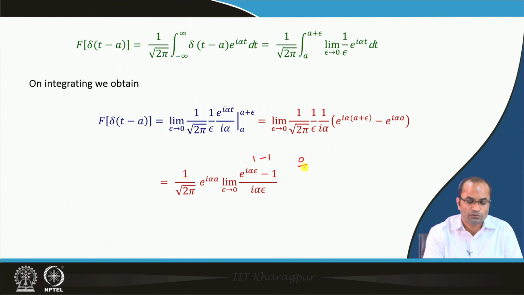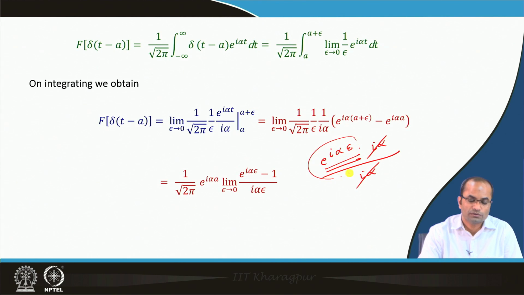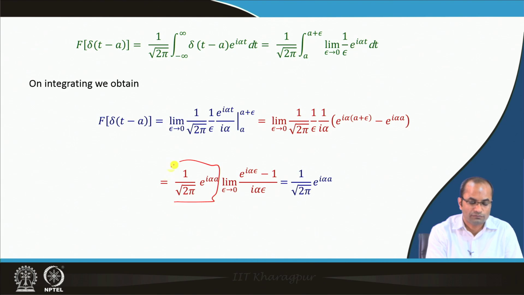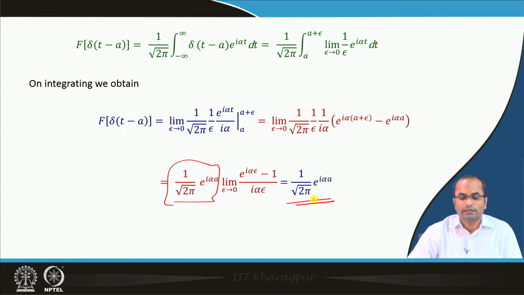So, we have the 0 over 0 form, where the L'Hopital rule we can apply, and once we apply this L'Hopital rule there, e power I alpha epsilon, and then we will get this I alpha, and in the denominator we will have I alpha. So, this will get cancelled, and then limit epsilon goes to 0, this will go to 1.